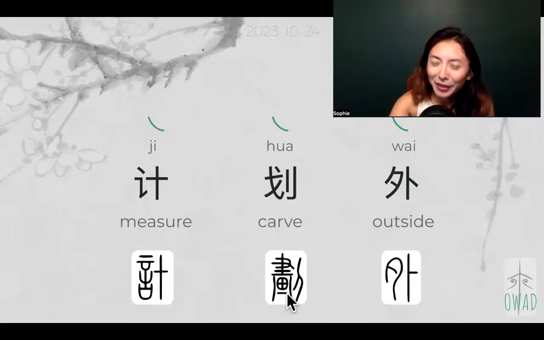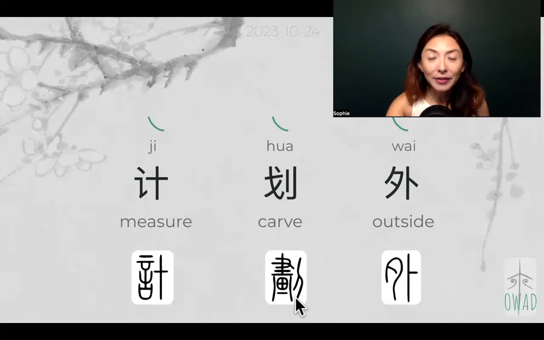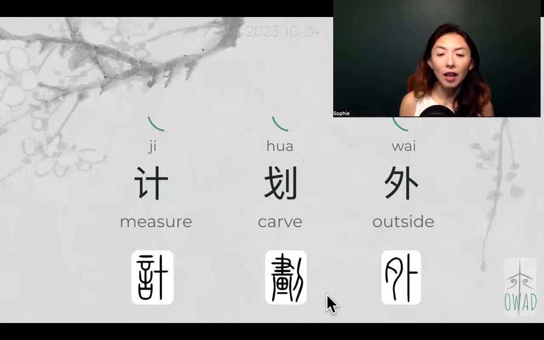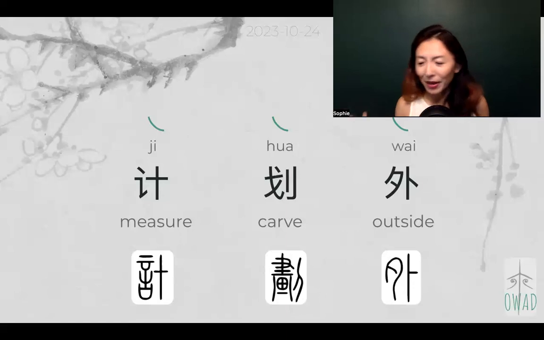So we can visualize the left side as art making, and then the knife side on the right, which is a visual of the knife handle and the two edges of the knife, is used to create this kind of artwork. Imagine it's a kind of wood artwork.